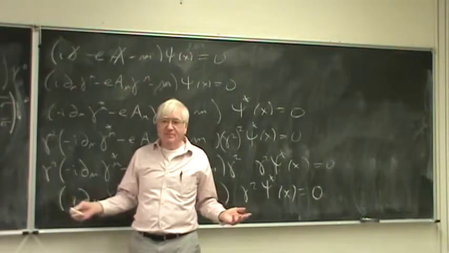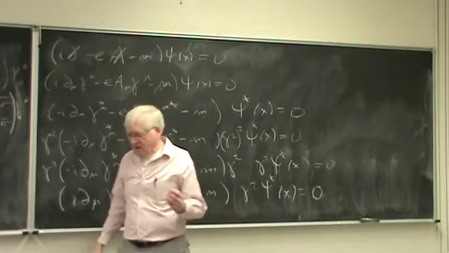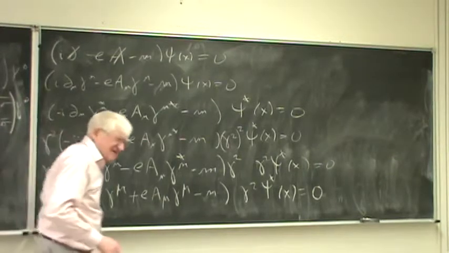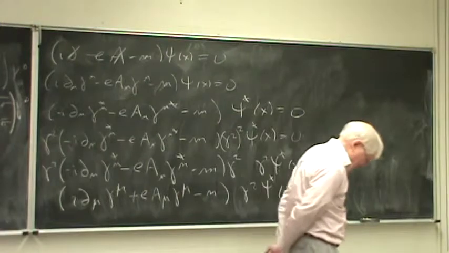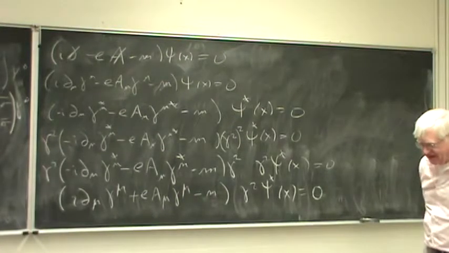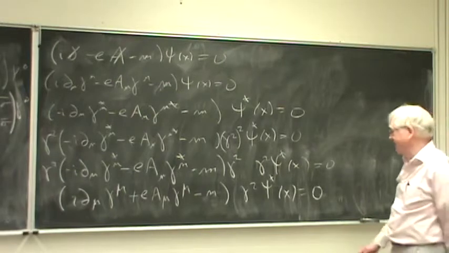And that tells you what the mass is. And consequently, the sign of m doesn't matter. Now, that may not have convinced you. Well, the sign of m is not physically significant.